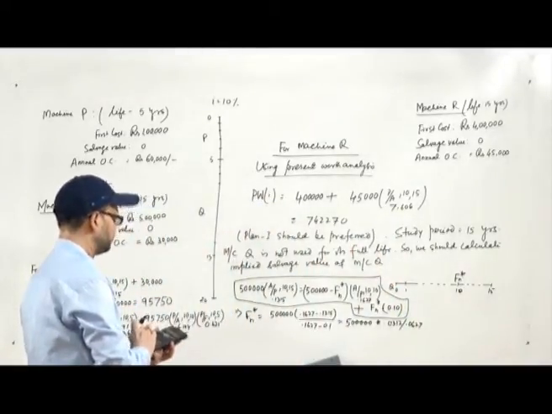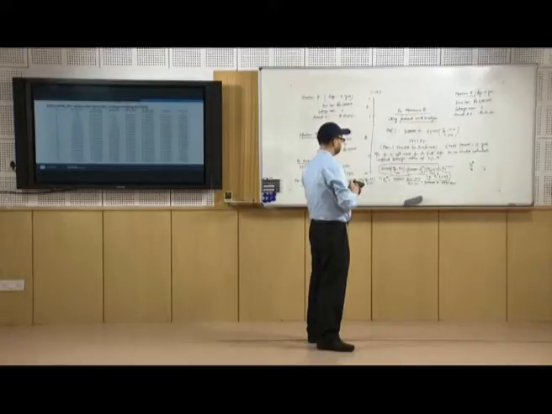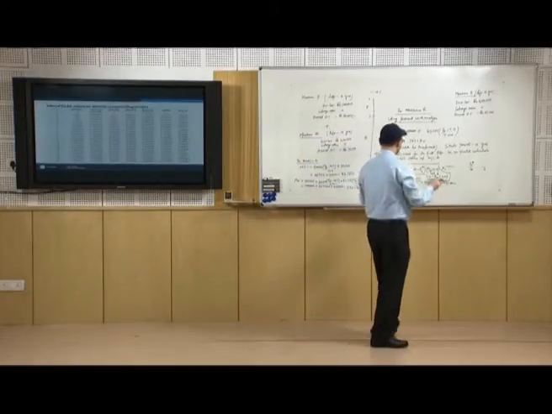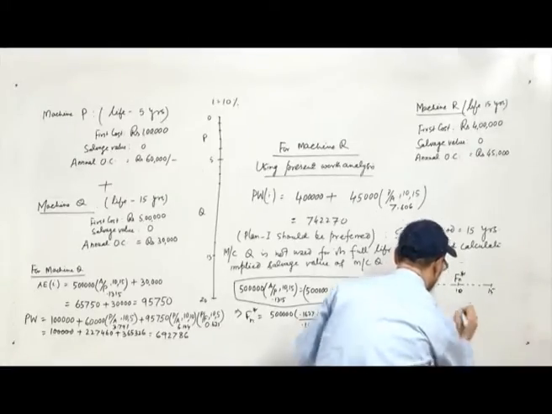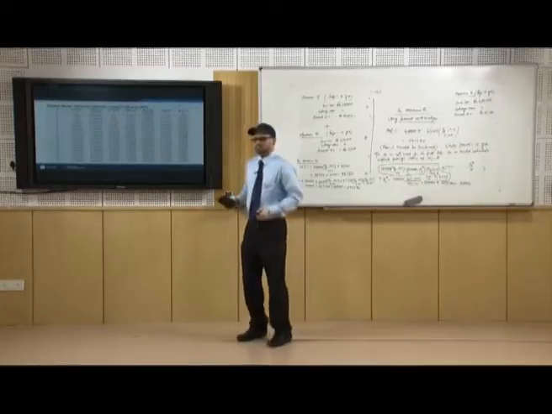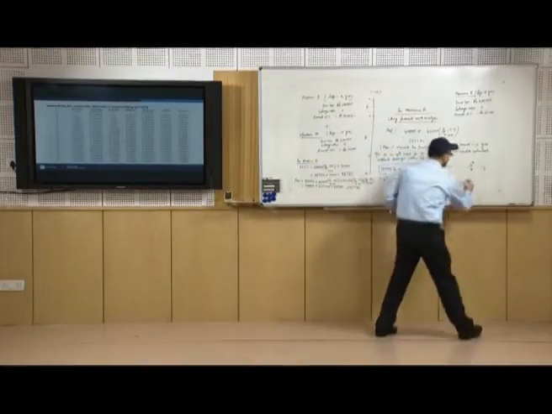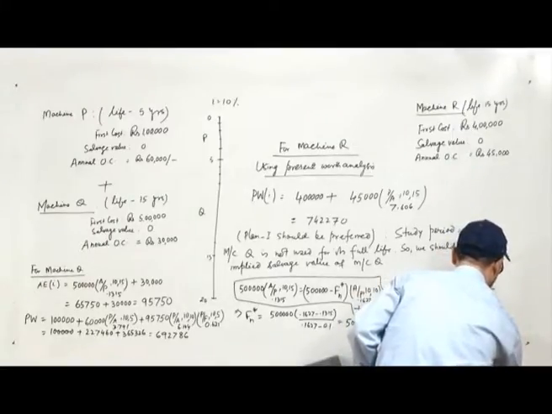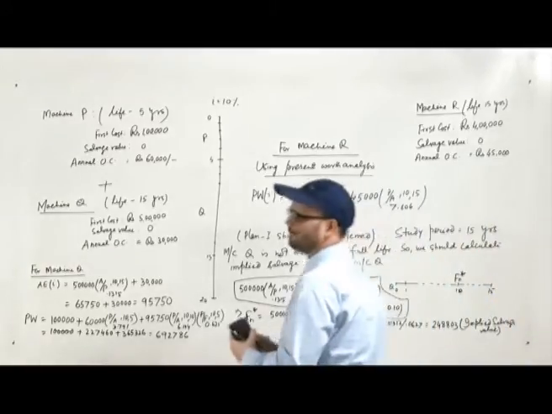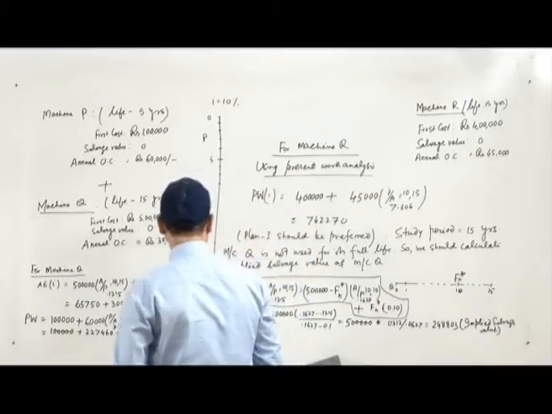So, it will be 248,803. So, basically what we have seen is you have this implied salvage value which needs to be mentioned, although it does not affect the decision making, and you can say that plan 1 should be preferred.